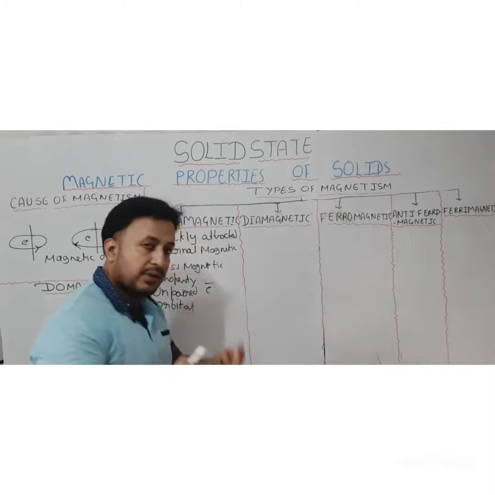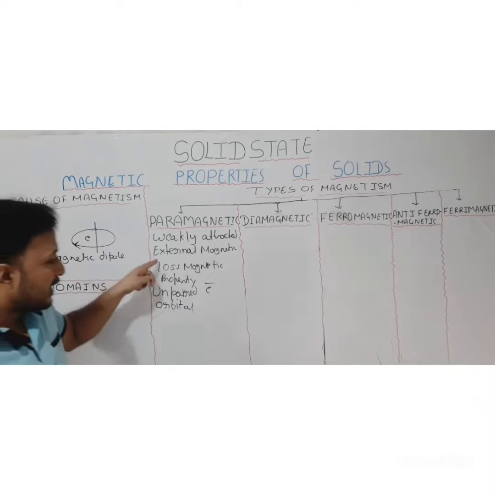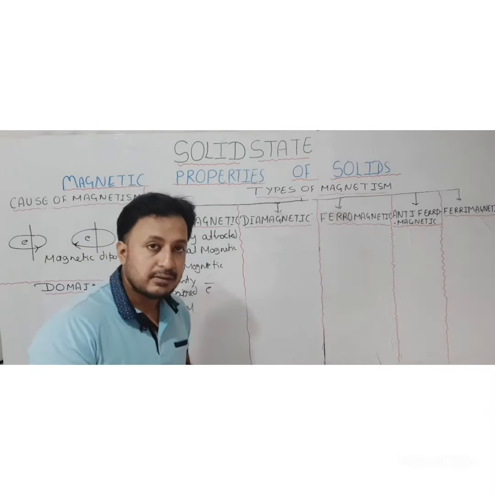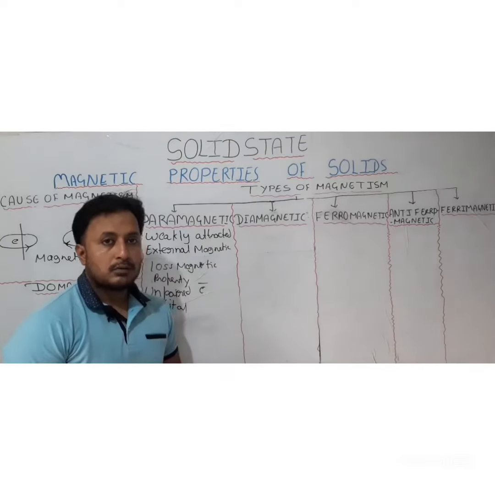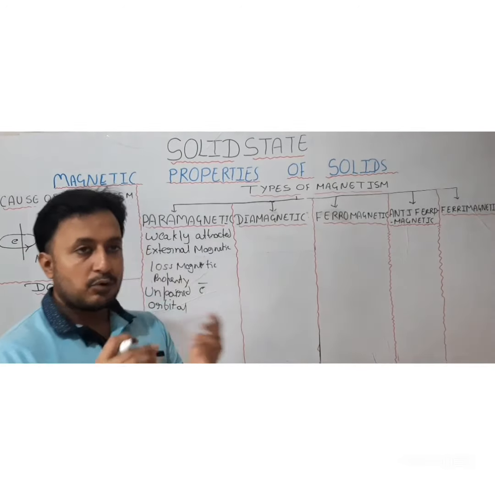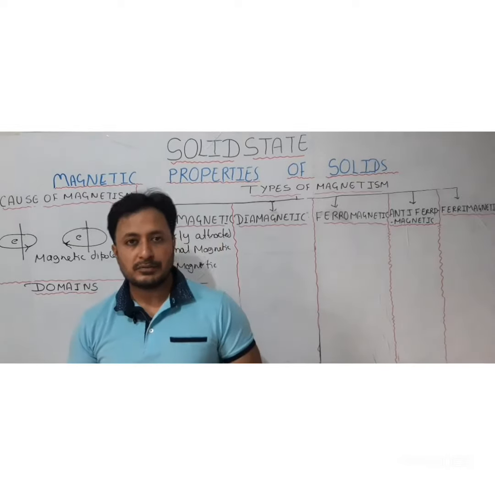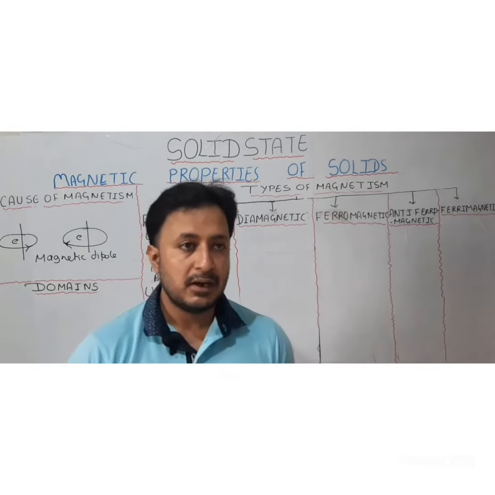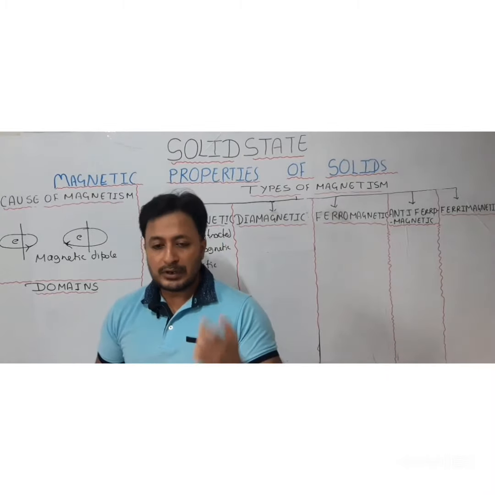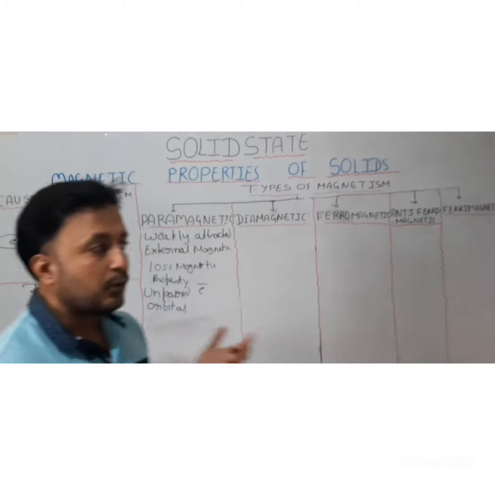If the number of unpaired electrons increases, their magnetic property will also increase, so it depends upon the number of unpaired electrons. If you have to compare different paramagnetic substances and want to know which is more paramagnetic or less, you must know how many unpaired electrons they have, and you can calculate the magnetic moment.